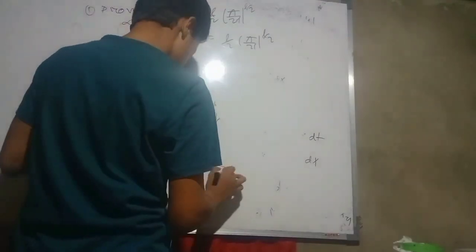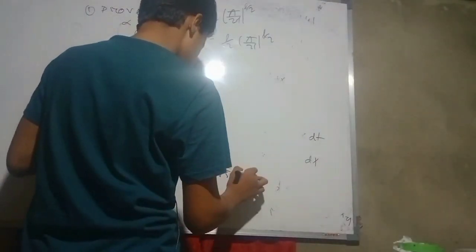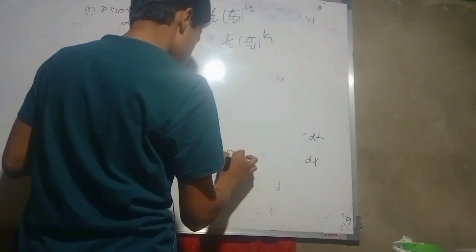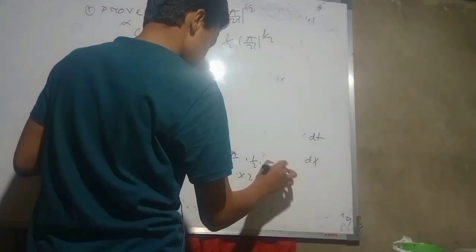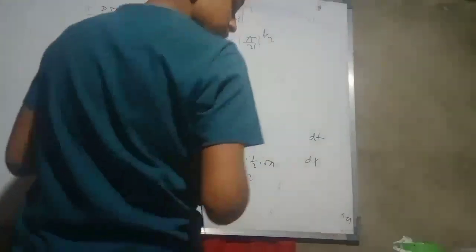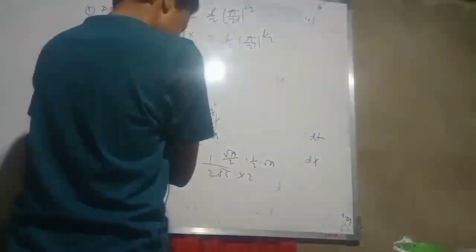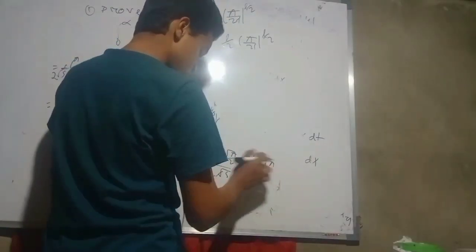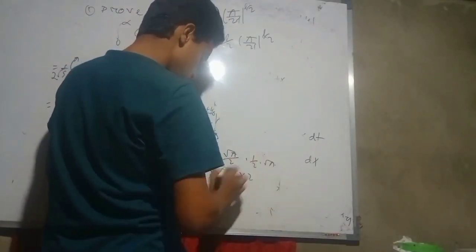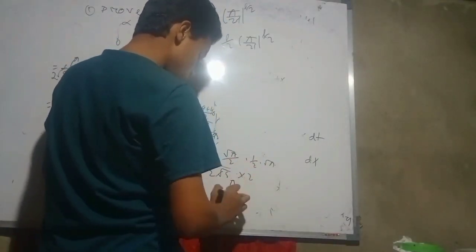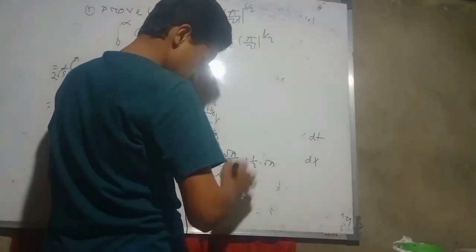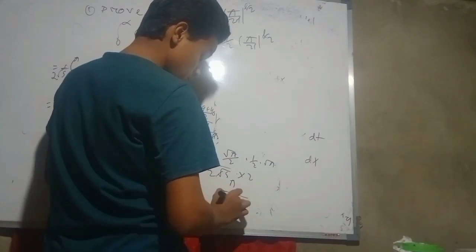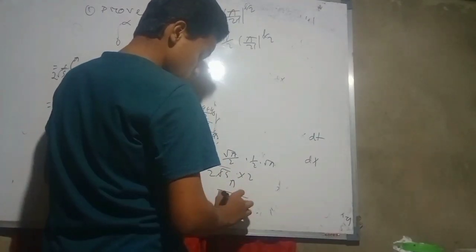So that gives us 2 into root s upon 2, the gamma values give root pi by 2, and root pi times root pi will be pi and 2 times 2 will be 4. The 4 comes under the denominator and gives us 16 root s.